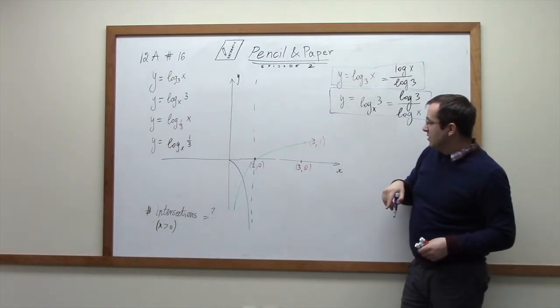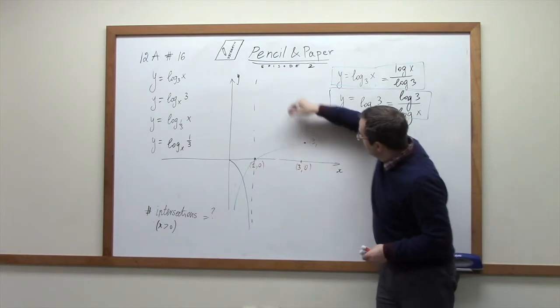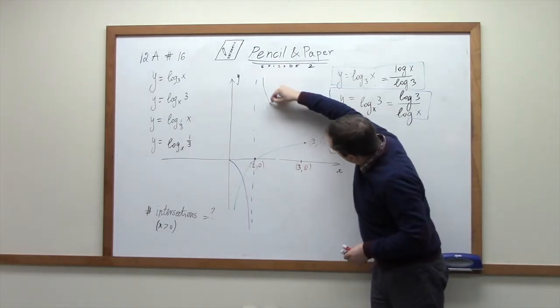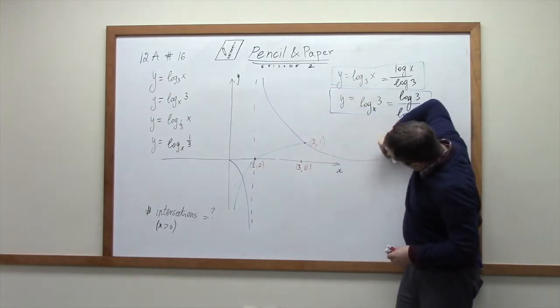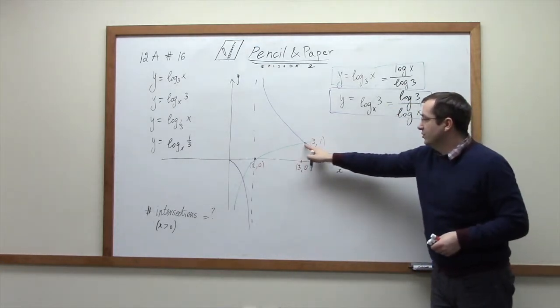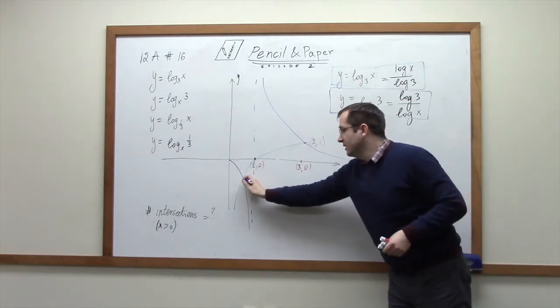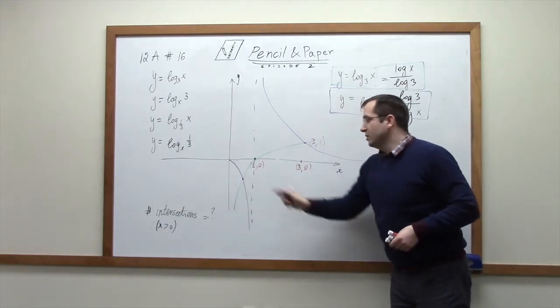So it should go through (3, 1). You should go through this point too, and it goes that way. So at least we already found one intersection. No, we found 2, and this is the second one. But we didn't compute its coordinates yet.